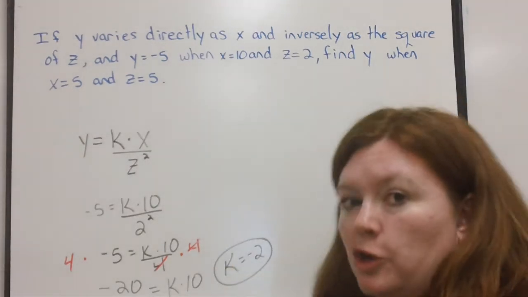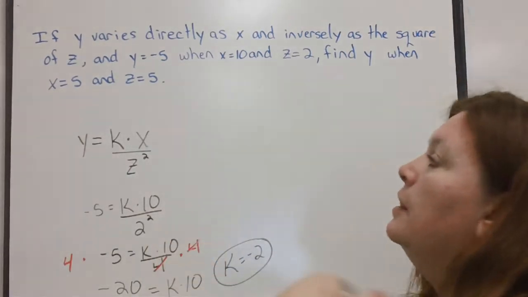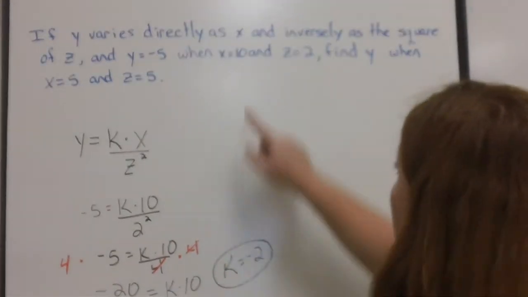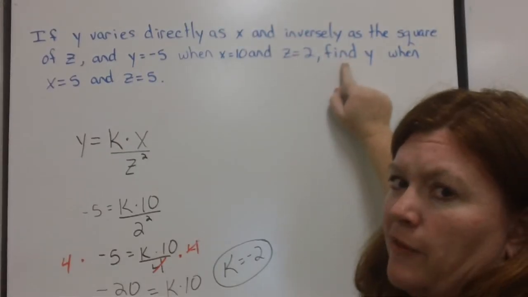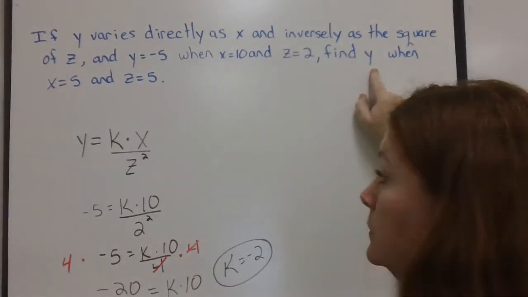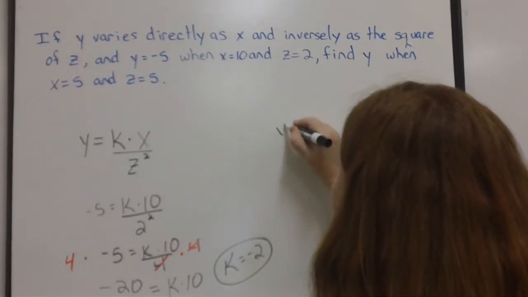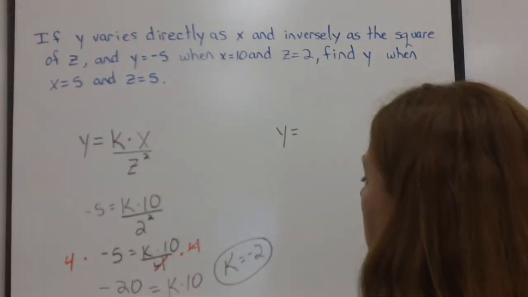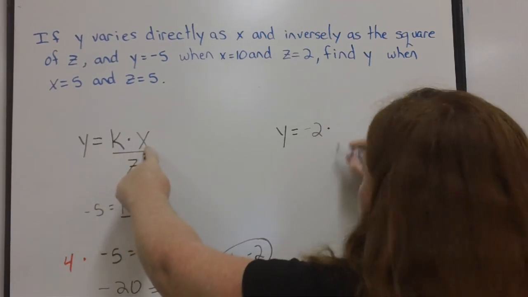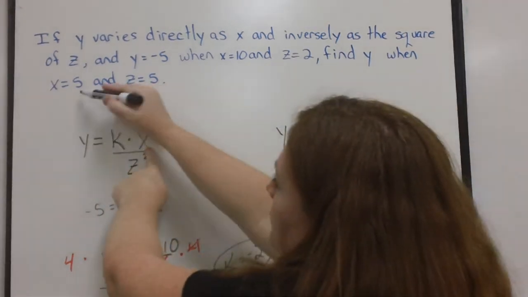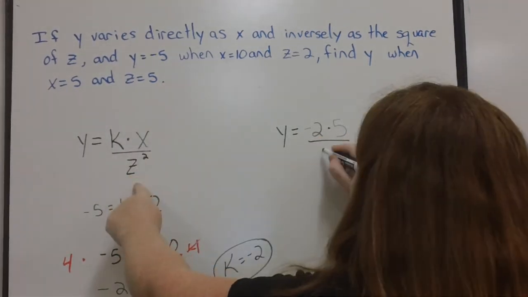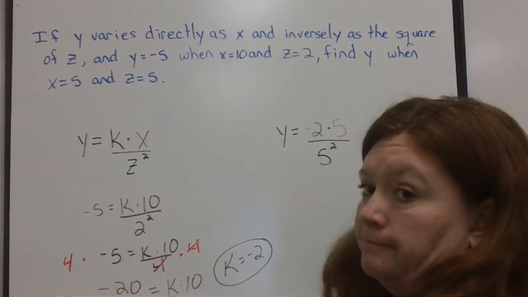All right, last step. Plug k and your new values, not any of these old ones, the new values in, and solve for what they're asking. Let's find out what they're asking. Let's continue. Find. When you see that word find, that's the last step that we're going to work on. Find y. So I'm looking for y when x is 5. Well, wait, I know k is -2 times x, which is 5. Got that right there. Divide by z, which is 5, squared.